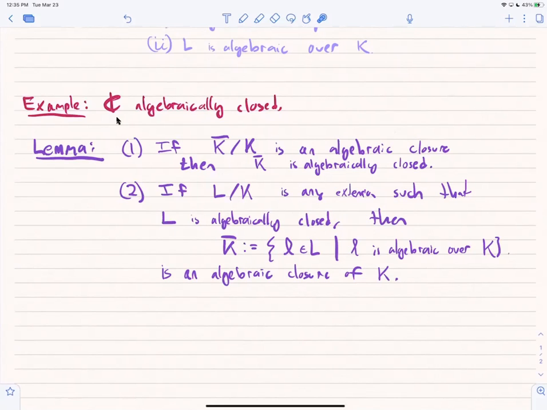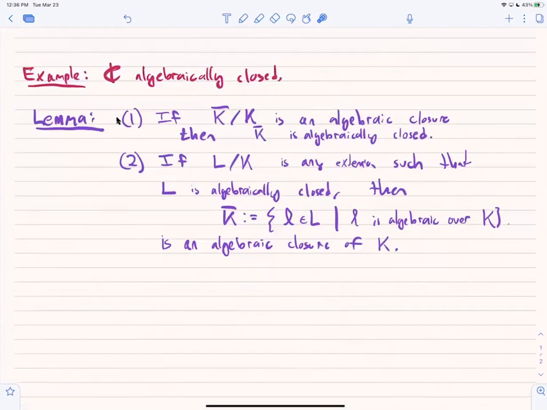So the only thing you actually had to check was that K bar was a field. For that, you have to check that if alpha and beta are algebraic, then alpha plus beta, alpha times beta, and so on are also algebraic. The way we justified that was using that K adjoin alpha and beta was a finite extension, and finite extensions are automatically algebraic, and alpha plus beta, alpha times beta, alpha inverse, beta inverse, and so on all lived in that finite extension. So that was the idea for the second part.